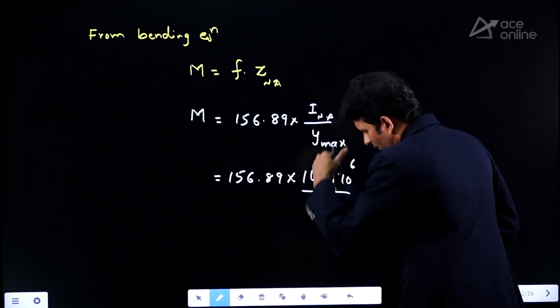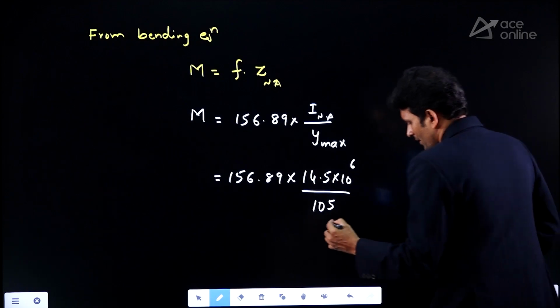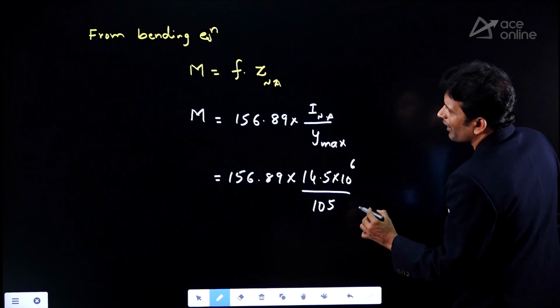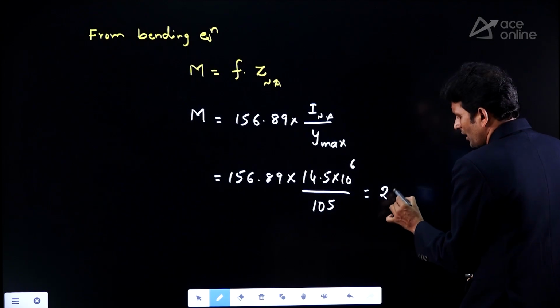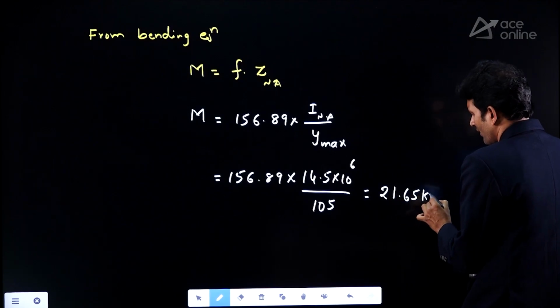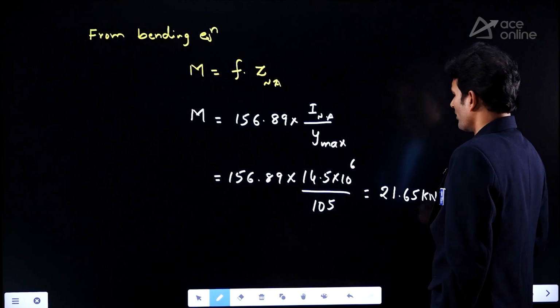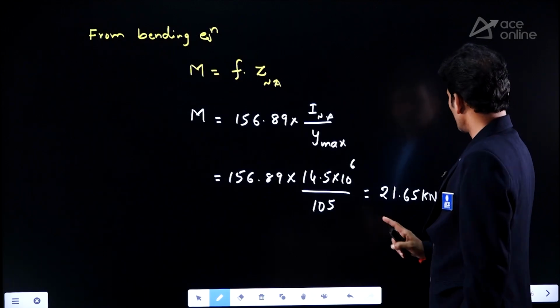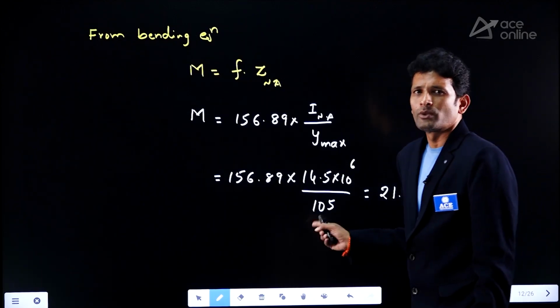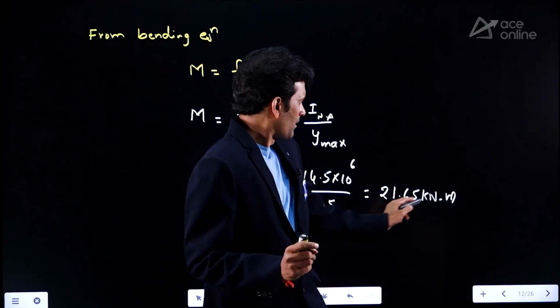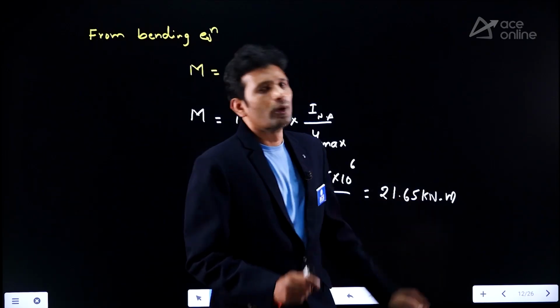So if I simplify this, we are having M equal to 21.65 kilonewton meter.